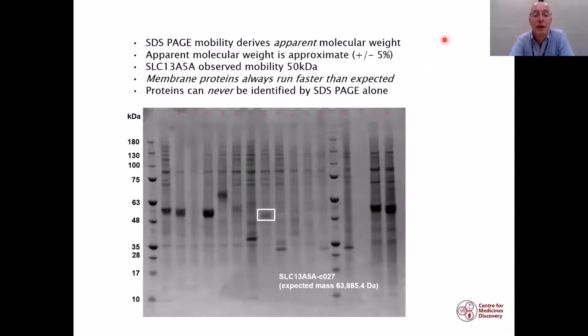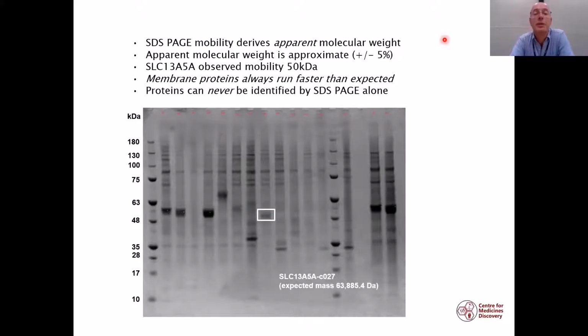However, proteins do not always behave normally on a gel. On this gel, which is real data, I boxed in the SLC13 band, and you can see that it runs faster than the predicted molecular weight. The observed mobility is at 50 kilodaltons. This is not unusual for membrane proteins.